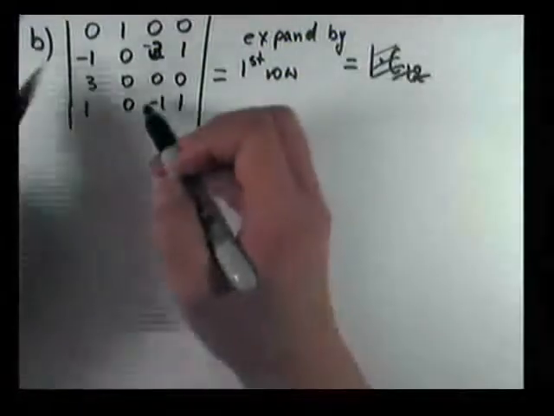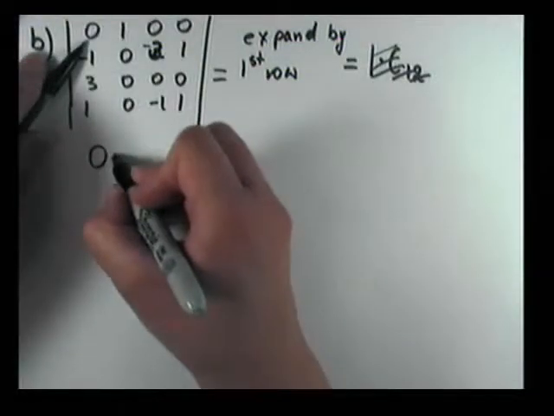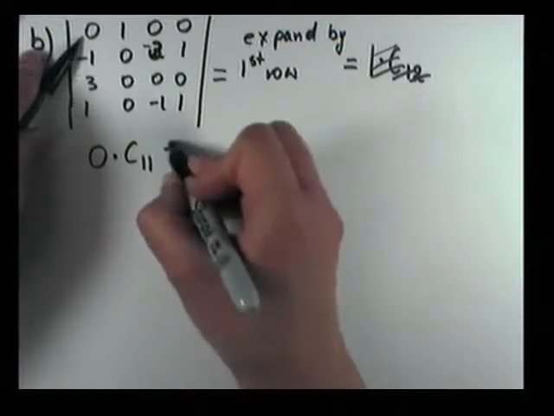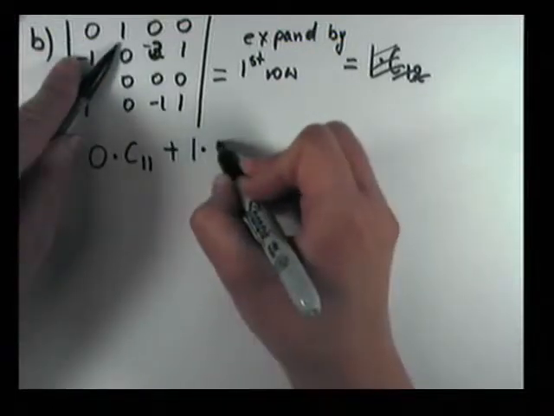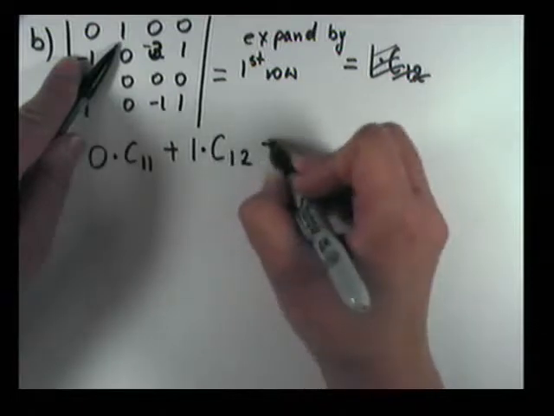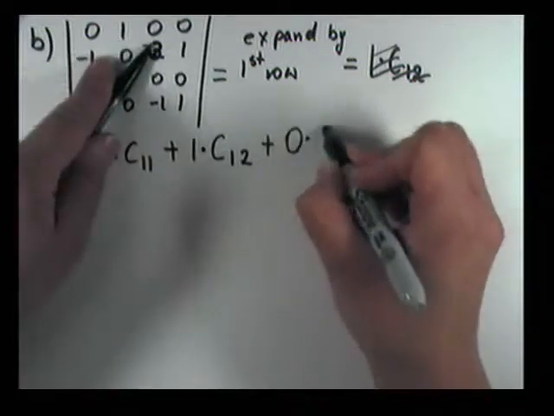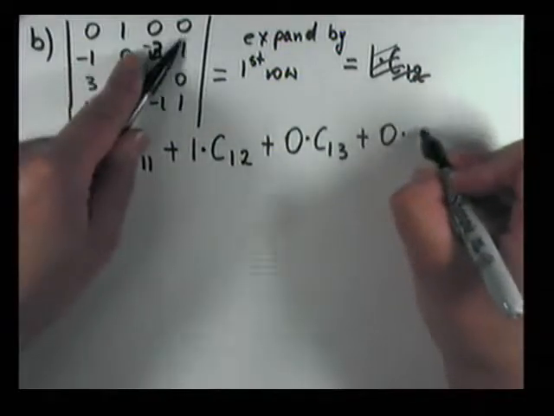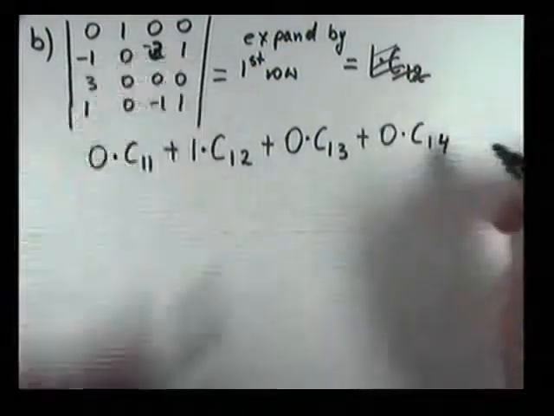So we have 0 times the cofactor in position 1, 1, plus 1 times the cofactor of first row, second column, plus 0 times cofactor first row, third column, plus 0 times cofactor first row, fourth column.